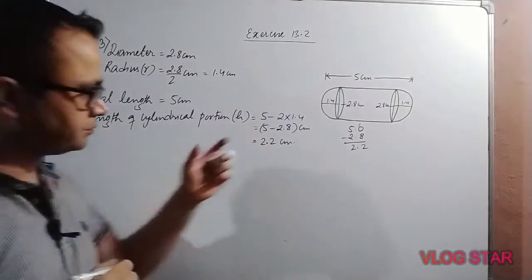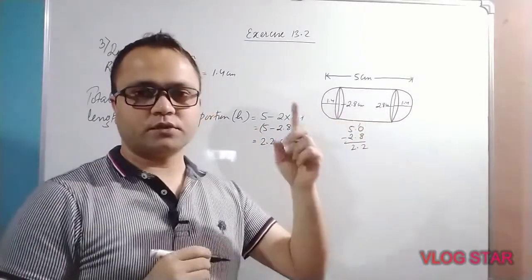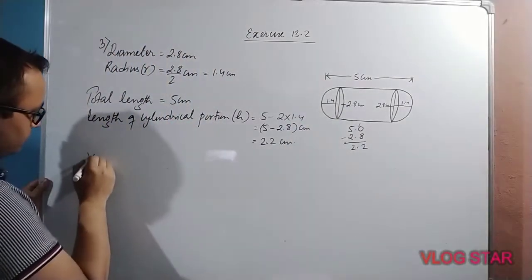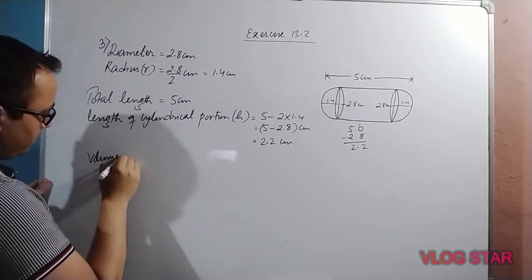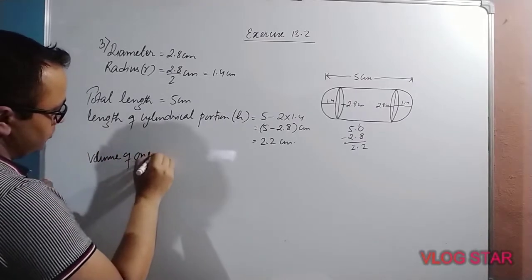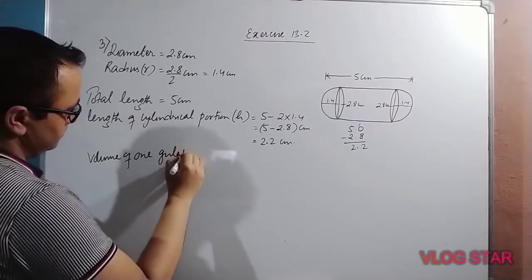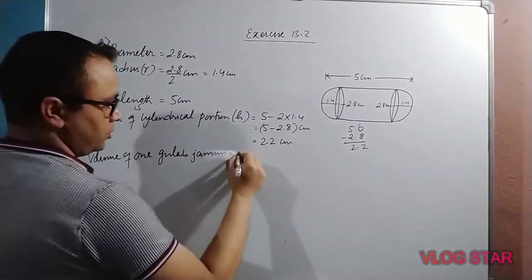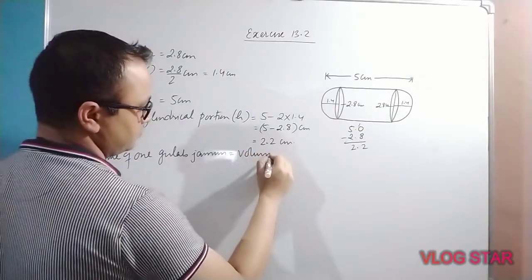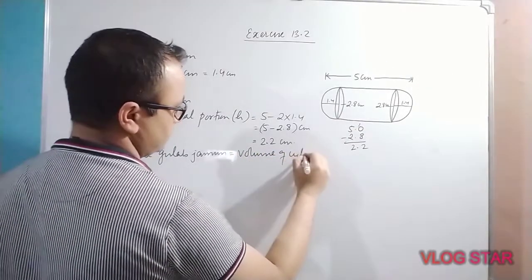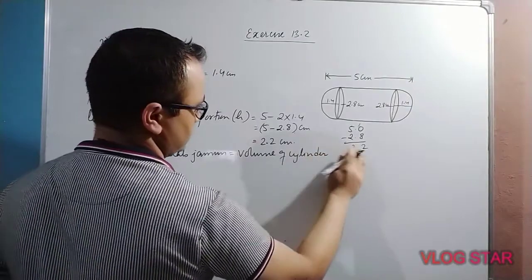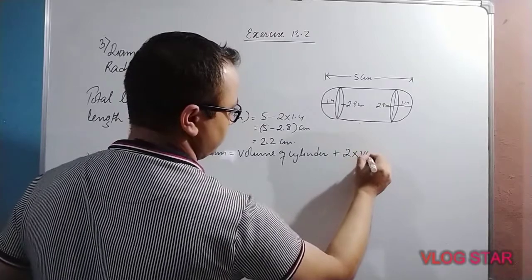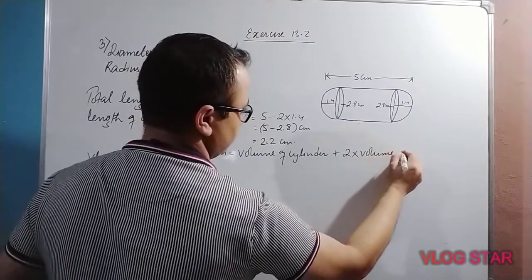Now first we have to calculate the volume of one gulab jamun. Volume of one gulab jamun equals volume of cylinder plus 2 into volume of hemisphere.